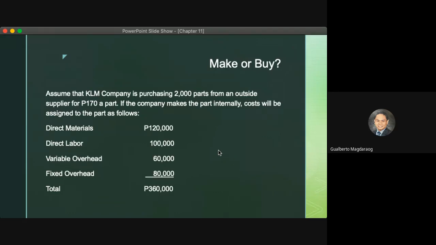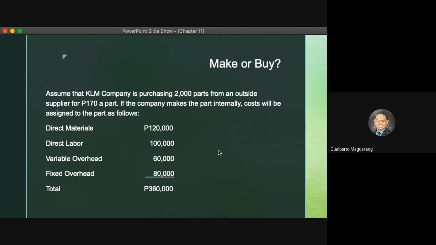So, kapag daw beyond doon sa indifference point na yon, making the part is less costly. Okay, ulit. After computing that indifference point, any units beyond or in excess ng indifference point mo, making the part is less costly, mas mura.